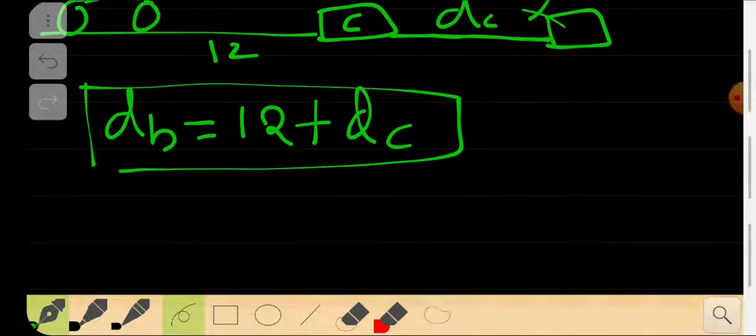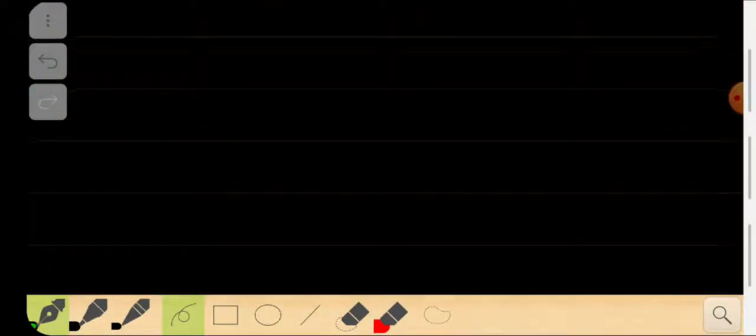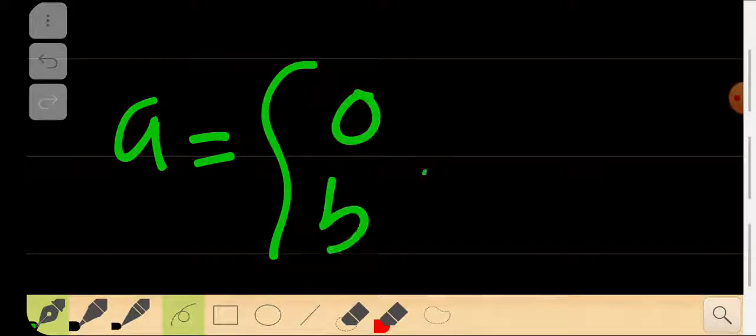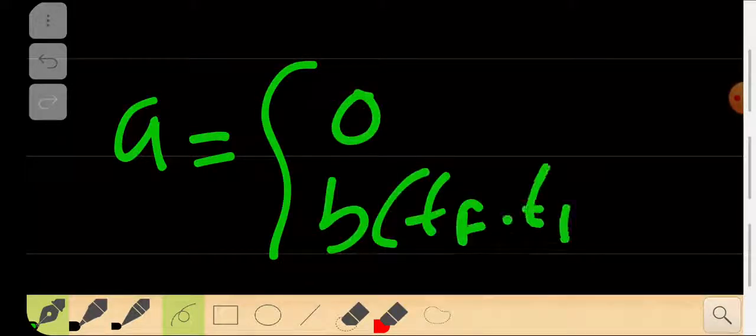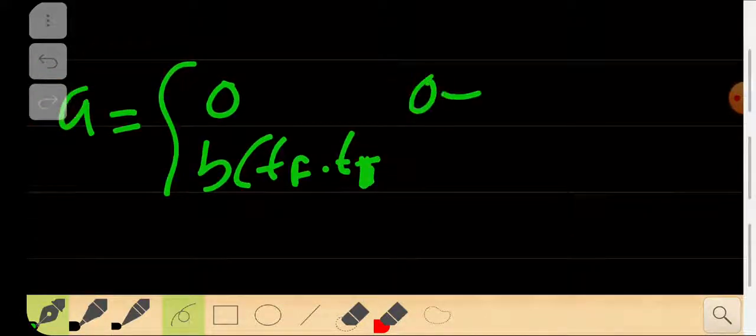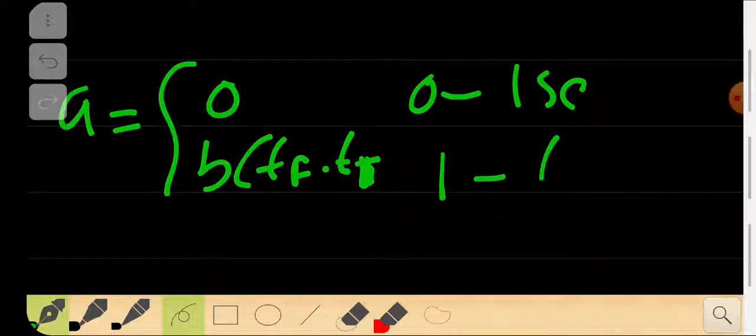Now I'm going to start with the equation of acceleration, which is 0 and b times (t final minus t1), from 0 to 1 second and 1 to t final.